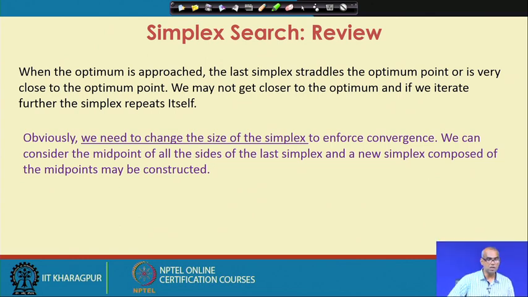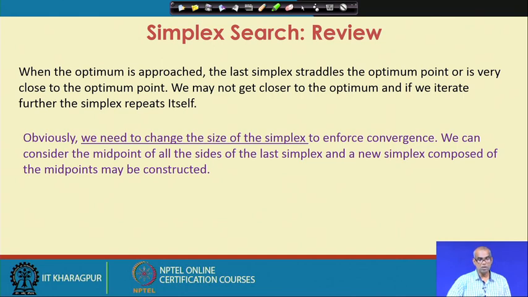So, this is what we just discussed. When the optimum is approached, the last simplex straddles the optimum point or is very close to it. We may not get closer to the optimum point, and if we iterate further, the simplex may repeat itself. So, obviously, we need to change the size of the simplex to enforce convergence.